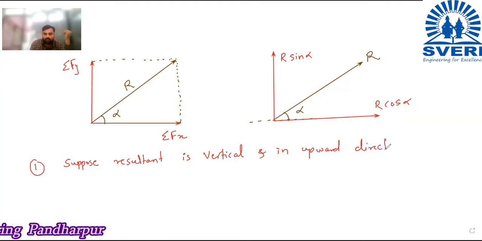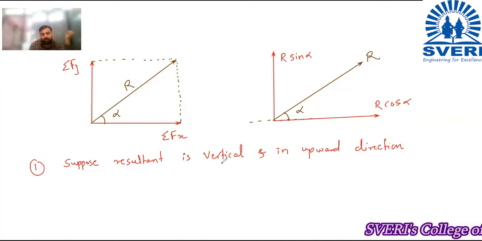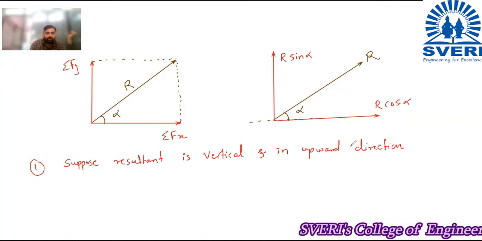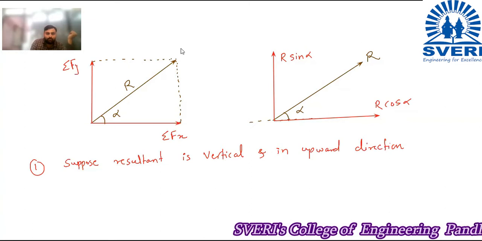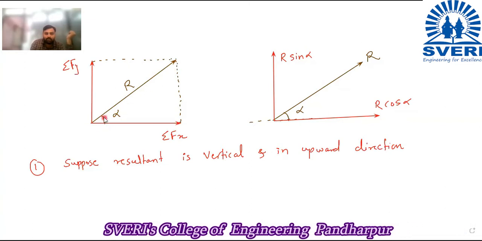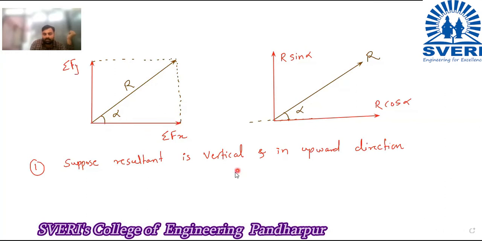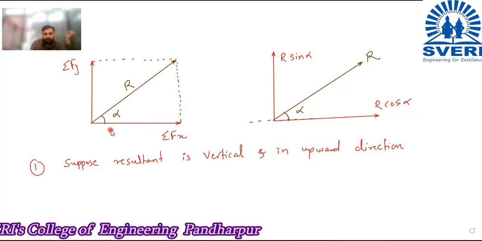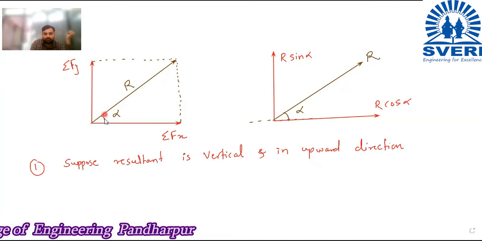Then what is the condition? If the resultant is vertical and in upward direction, means what? If you see this figure carefully, here the resultant is not vertical. Angle alpha is not 90 degree. Resultant is vertical and moving in upward direction means this alpha must be 90 degree and this R will be coinciding with this Fy.